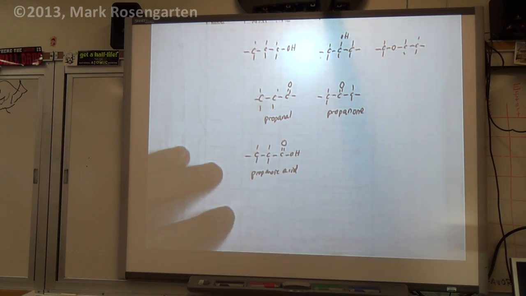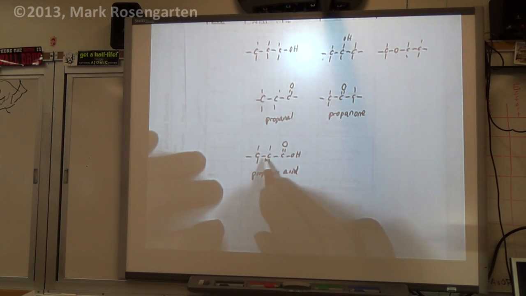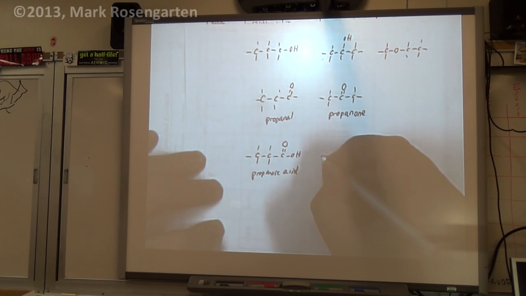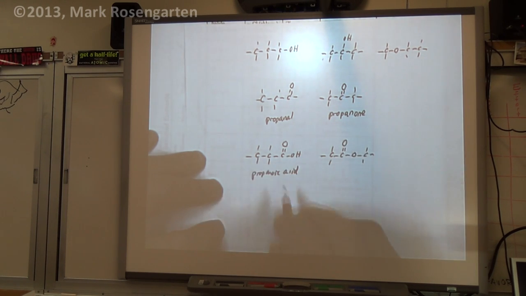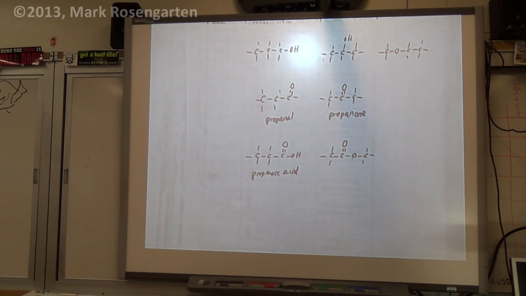And we wanted to do an isomer of that. Well, there's no other place that we could put the COOH, because in propanoic acid it's always got to be on the end. But we can put the COO in between 2 carbons, like this. We just shifted this over 1 carbon. We still have 2 oxygens, 1 double bonded, 1 single bonded, on that same carbon. 3 carbons, and the same number of hydrogens in each, 6 hydrogens apiece.